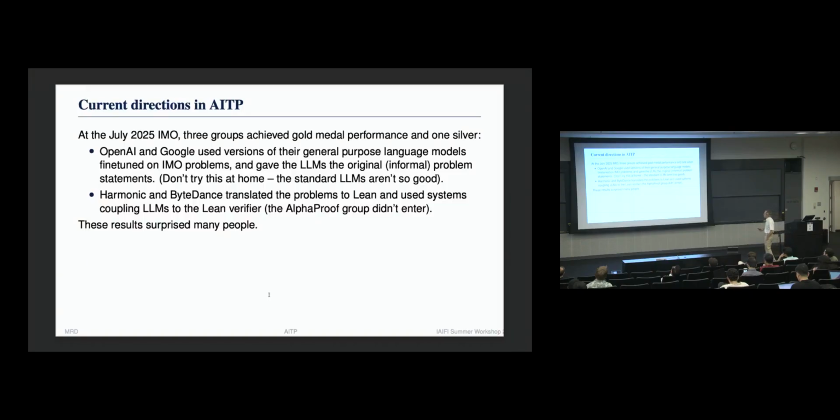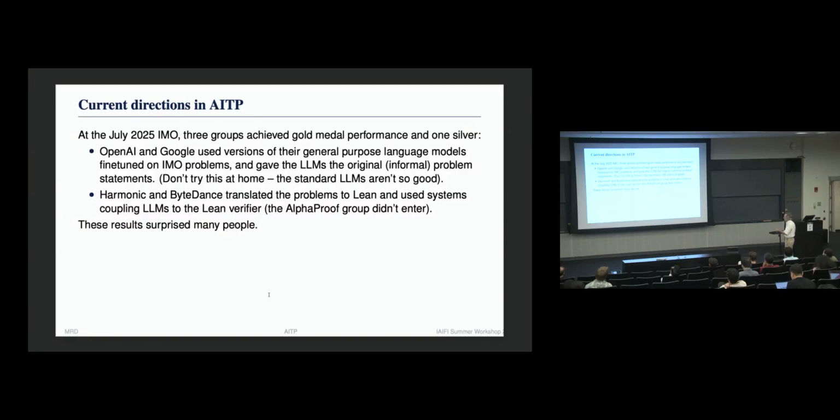OpenAI and Google actually used language models, more or less fine-tuned versions of their standard language models, fine-tuned on big sets of these problems, and really they did the reasoning with informal language. And a couple of other companies used systems, much like the AlphaProof of last year, that were coupling a language model to the Lean theorem prover.